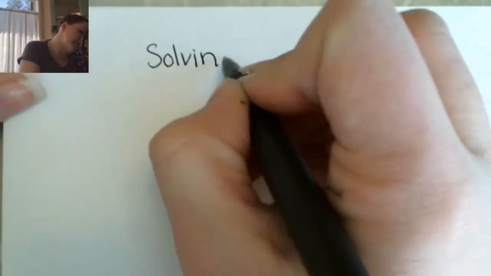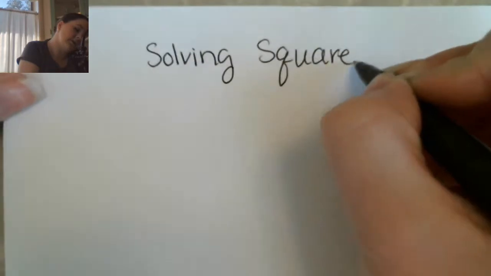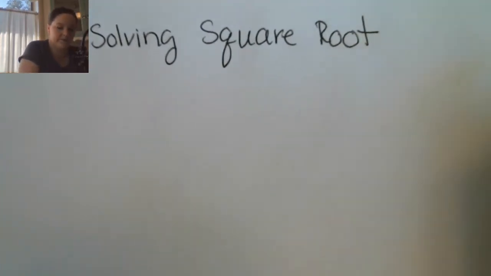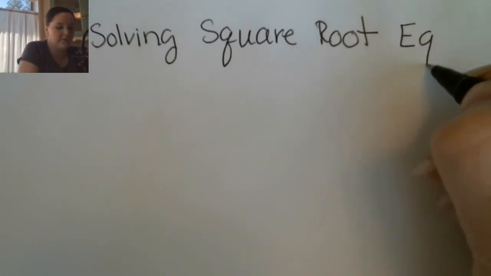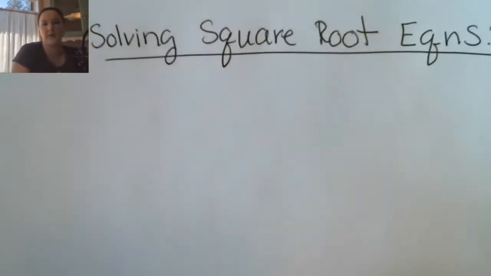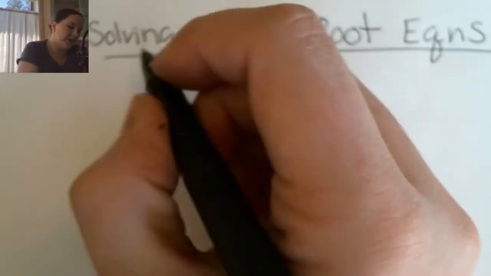So let's move on to a different type of equation, although we still will be talking about extraneous solutions. Let's talk about square root equations. Square root equations have a very well-defined process.